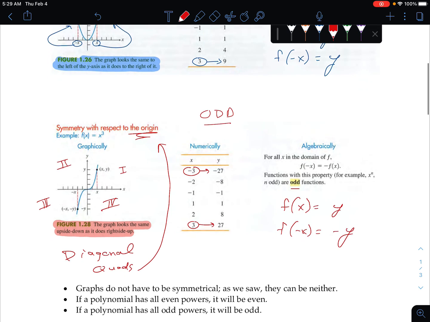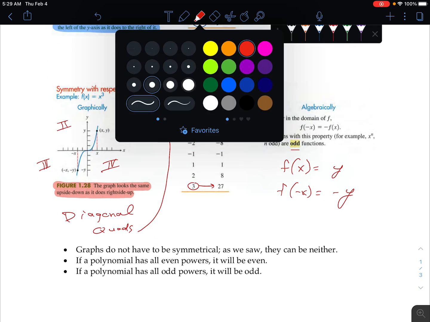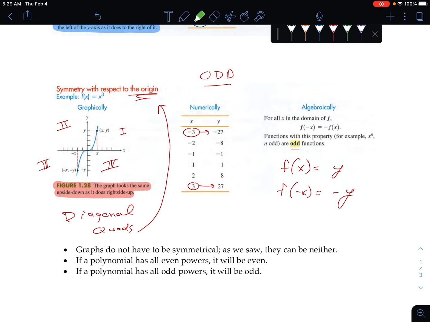And it says here, down here, graphs do not have to be symmetrical. They can be neither. That means they have no symmetry. And we saw that if I have even powers, all even powers, the coefficients don't matter to me. It will be an even symmetrical function. If I have odd powers, it will be odd symmetrical. It'll be an odd function.